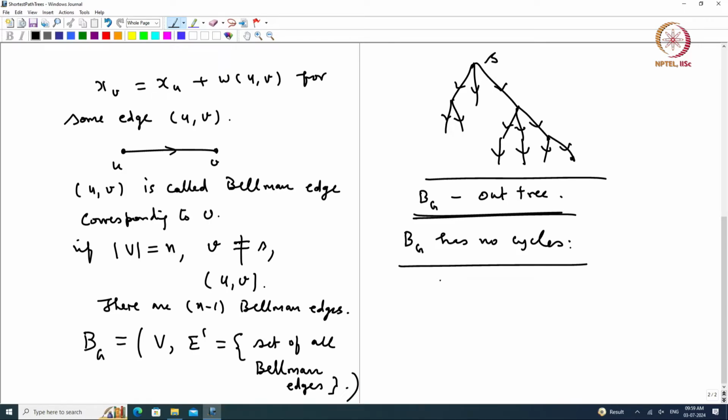Let C equal to V0, V1, V2, ..., Vk, where Vk equal to V0, be a cycle in BG. Assume that there is a cycle. We are going to arrive at a contradiction.